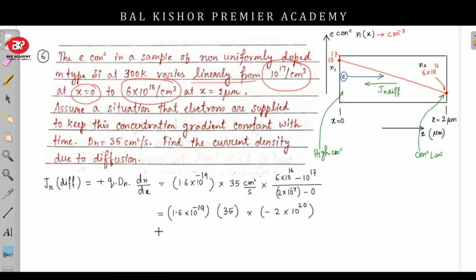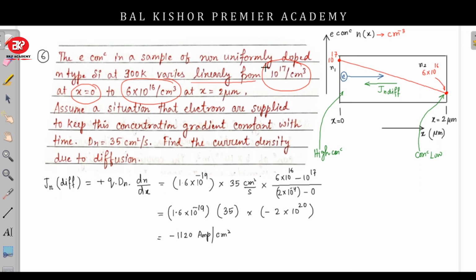Now if I calculate the total equation, you will get minus 1120 ampere per centimeter square. So in this way we can calculate the Jn diffusion for this numerical.